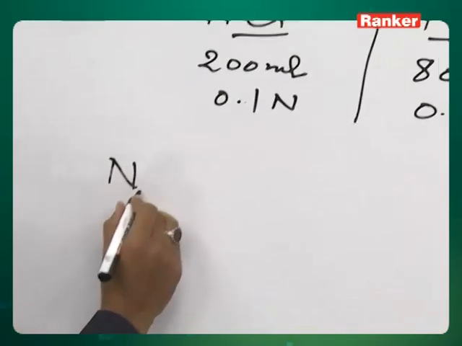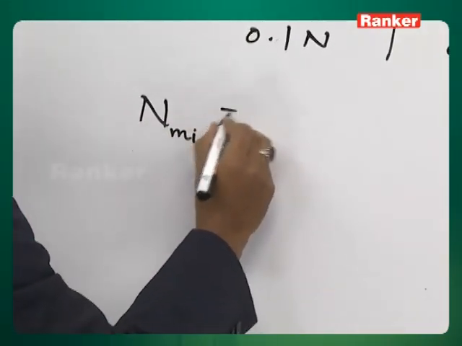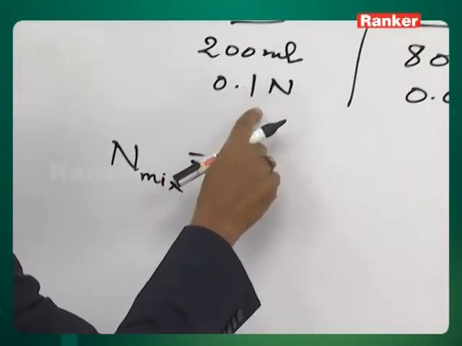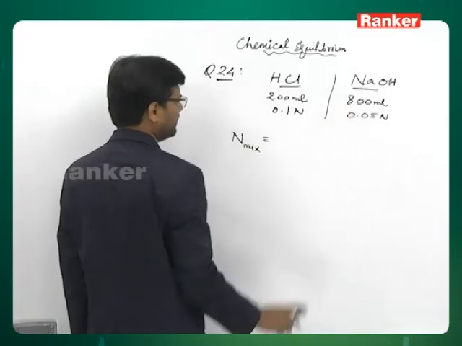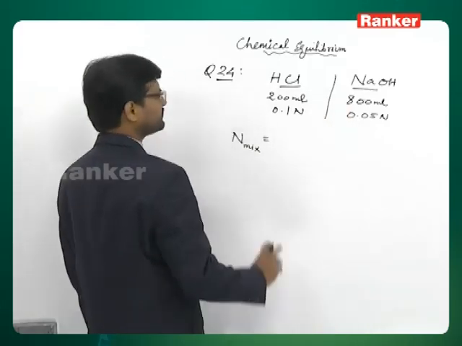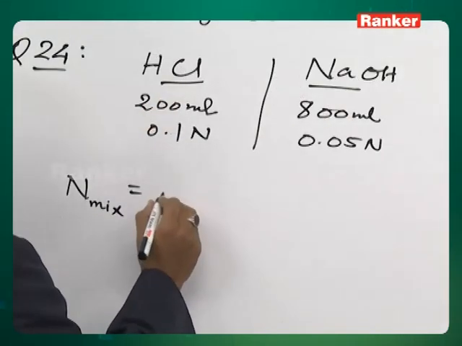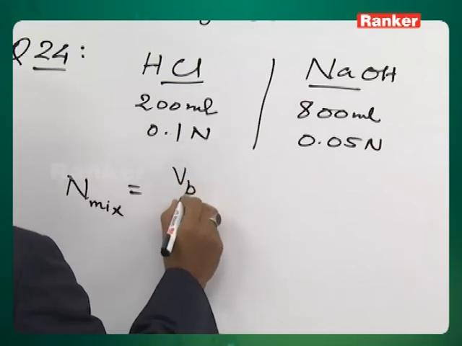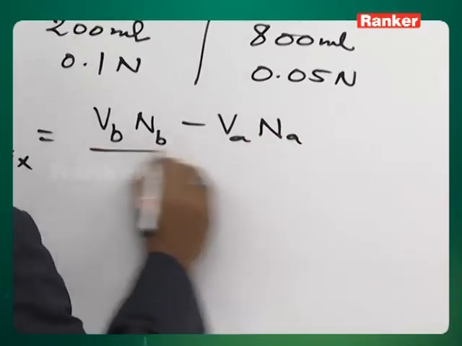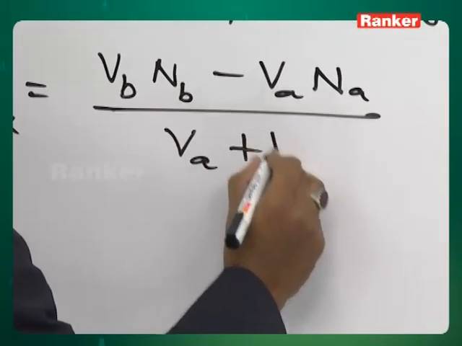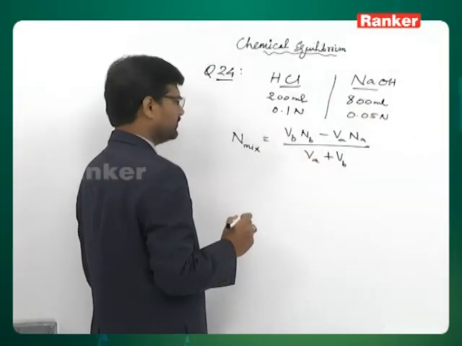The normality of the mixture: 200 into 0.1 comes to 20 milliequivalents, and this is 40 milliequivalents. So VBNB minus VANA divided by VA plus VB will give the normality of the mixture.